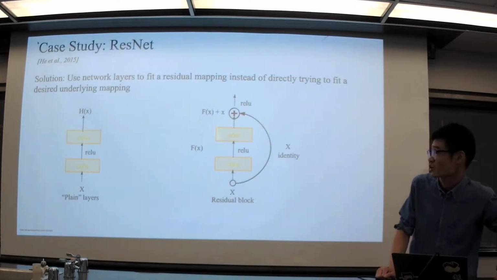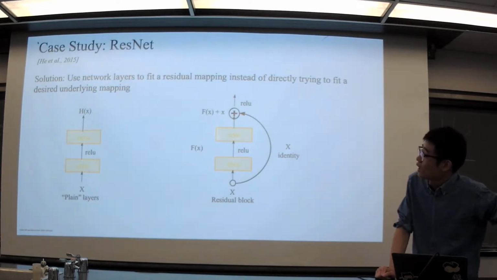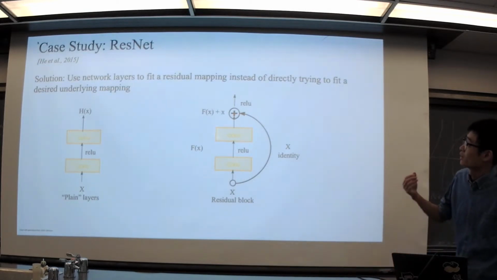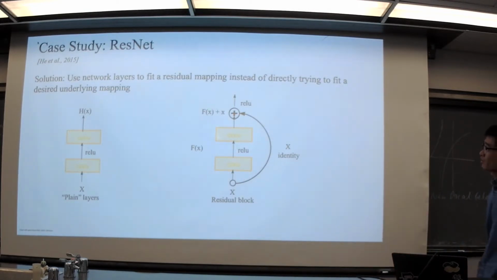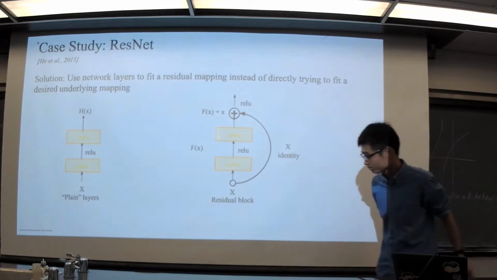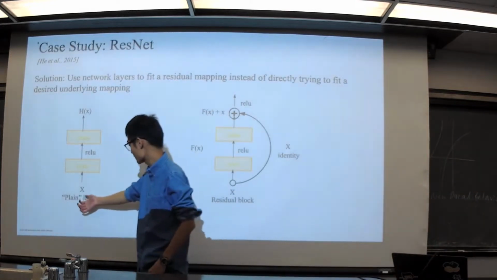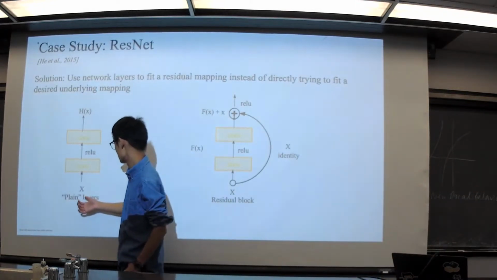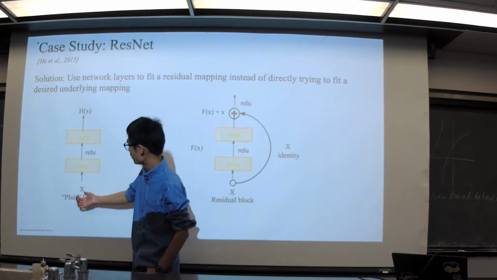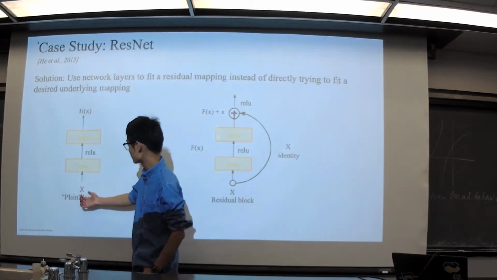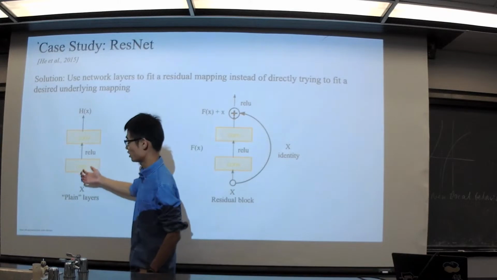Here's the primary solution. He used a network layer to fit a residual map instead of directly trying to fit an underlying mapping. We usually get an input X. These are called plain layers. Anyway, we get input X, and we do some convolution or ReLU or batch normalization.